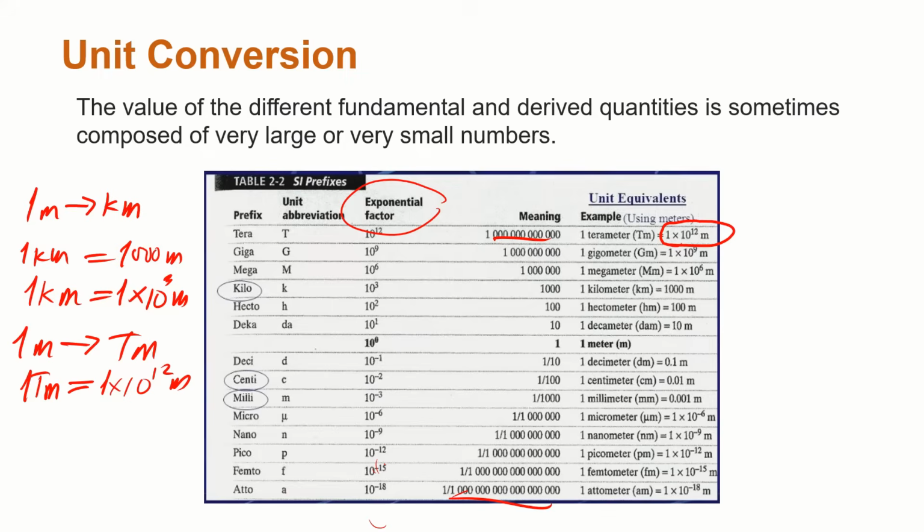Ayan. So, if this is our base unit, kapag positive yung exponent ng base, ibig sabihin, larger yung unit compared doon sa ating base unit. Pero kapag negative yung exponent natin, ibig sabihin, smaller yung unit doon sa ating base unit.